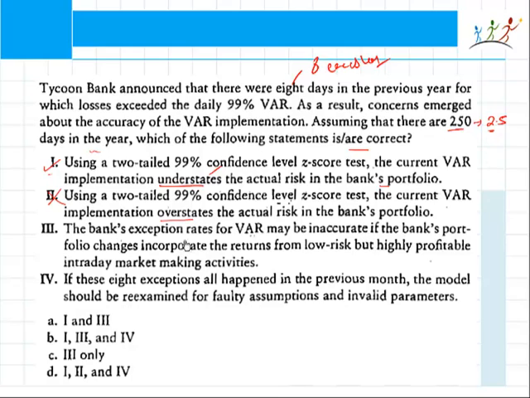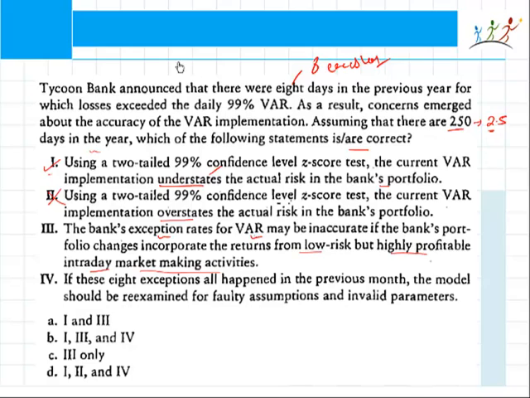The bank's exception rates for VAR may be inaccurate if the bank's portfolio changes incorporate the returns from low risk but highly profitable intraday market making activities. If there are a lot of market making activities and a lot of intraday trading happening, then there may be additional profit that is not being incorporated in our VAR, or that is not being incorporated in the exception data.